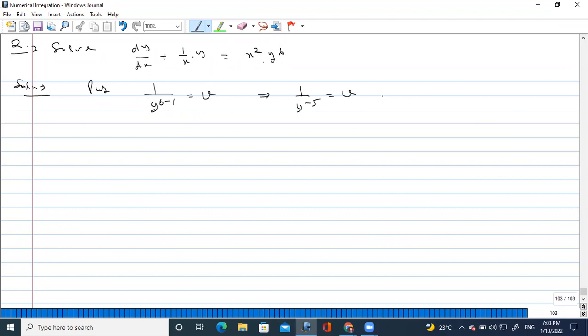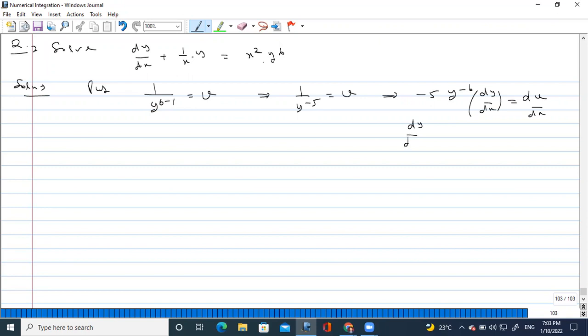If you want to differentiate it, take differentiation on both sides, so it will become minus 5 y to the power minus 6 dy by dx is equal to dv by dx, because I want to replace dy by dx.